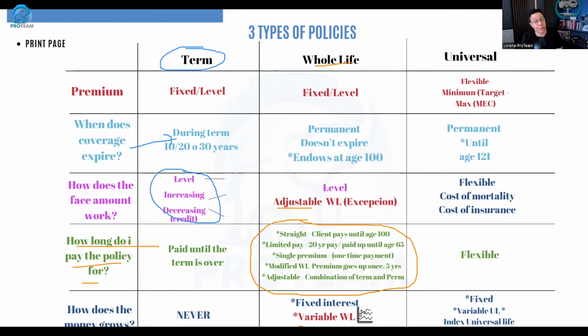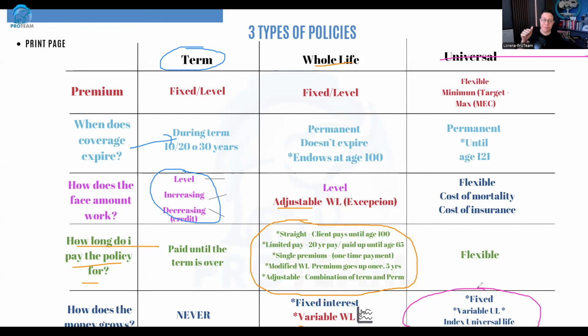Unlike term policies, where you will always see term in the name of the policy, in a whole life policy you may not see whole life. You may just see modified life, or qualified. And the last one is universal. When we're talking about universal, you're usually going to see flexible and stuff like that, but the name of the universal policy is usually based on how the money grows.